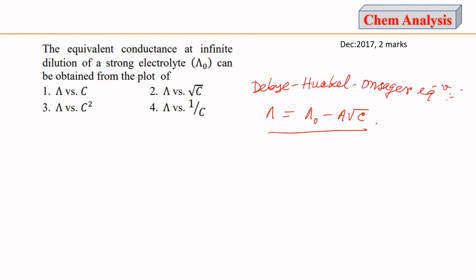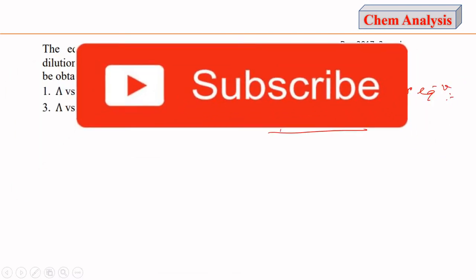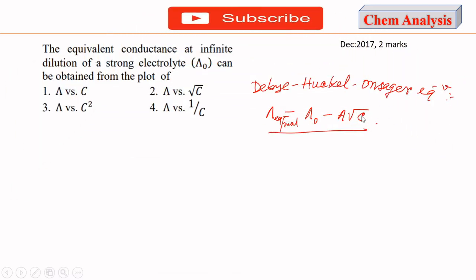And from this equation we can see that equivalent or molar conductance decreases with increasing concentration. That means in other way we can say that equivalent conductance or molar conductance increases with increasing dilution. Increasing dilution means decreasing concentration.